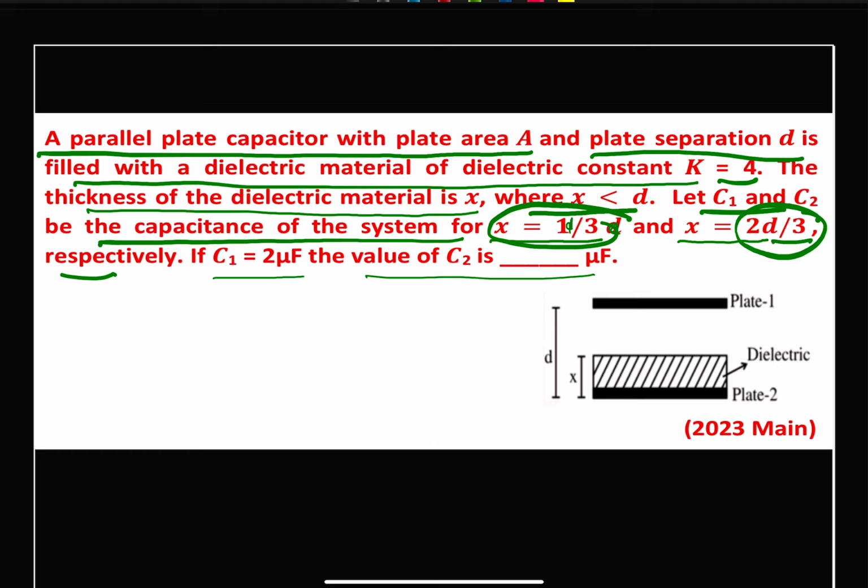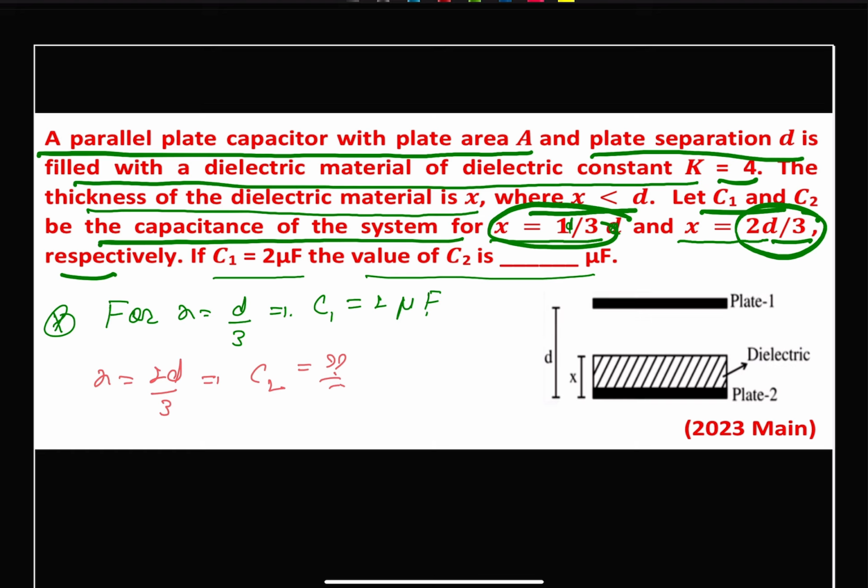So for X equal to D by 3, the capacitance C1 is given as 2 microfarad. And when X is equal to 2D by 3, the capacitance is C2, which we are supposed to find out.